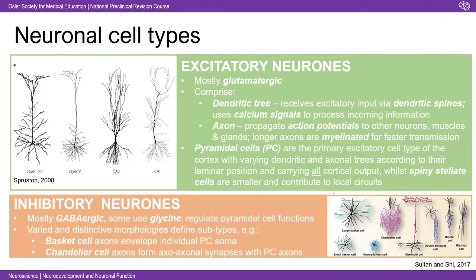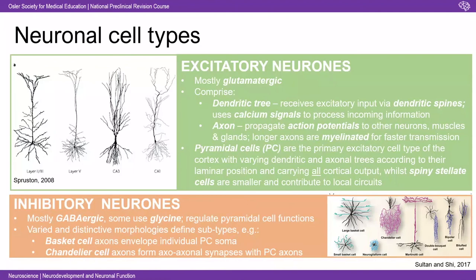The vast majority are still those GABAergic interneurons, the ones that we spoke about forming from the ganglionic eminences, but an honourable mention to a small group of interneurons that use glycine as a neurotransmitter. These are really varied in their shapes and their morphologies, depending on where they sit in circuits and what they are contributing to those circuits.